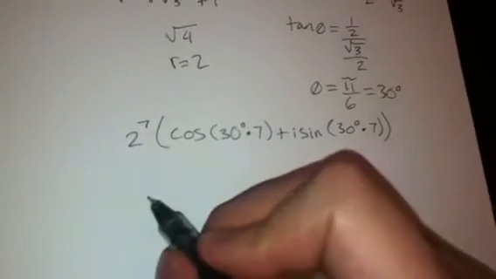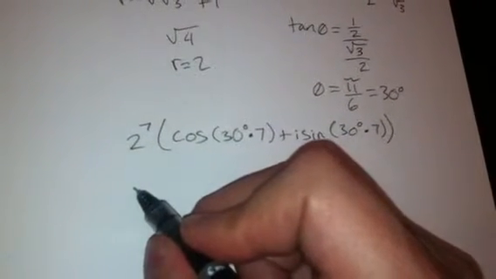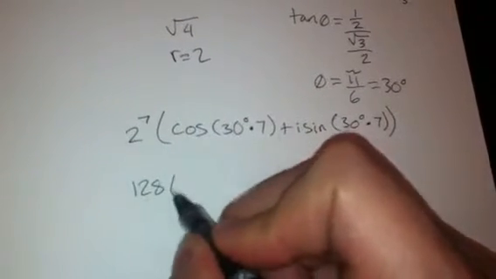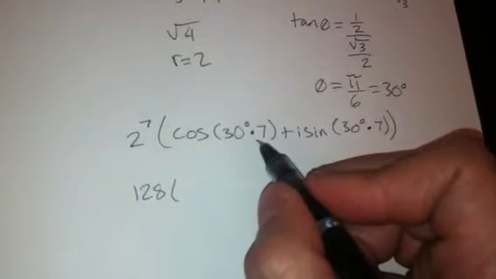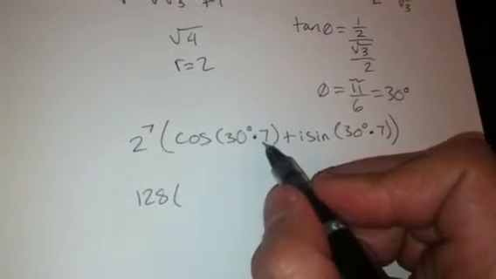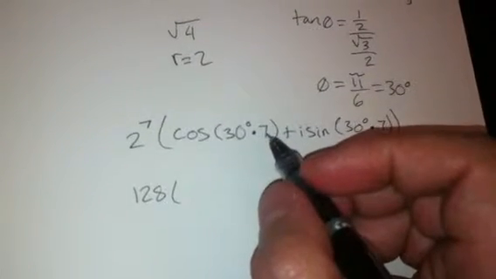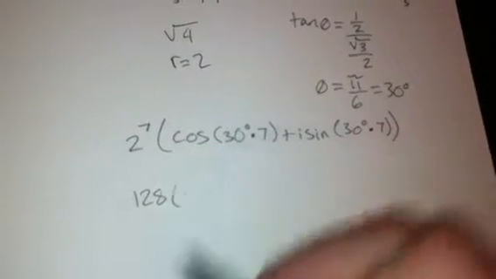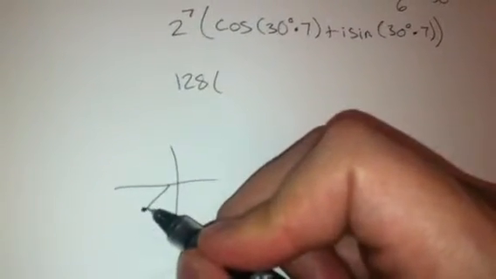We could realize that 2 to the 7th power is 128, and cosine of 210 degrees is going to be, if we're on our unit circle, somewhere over here, right?